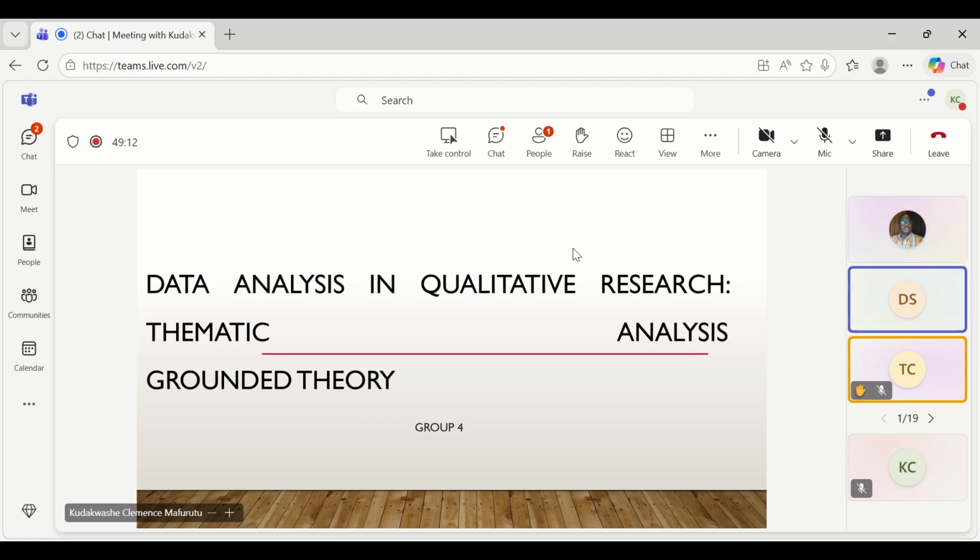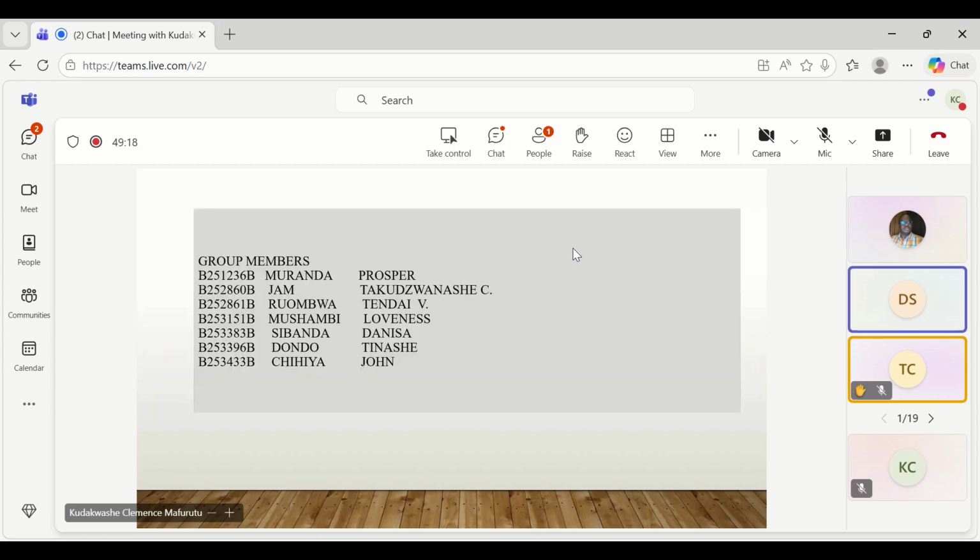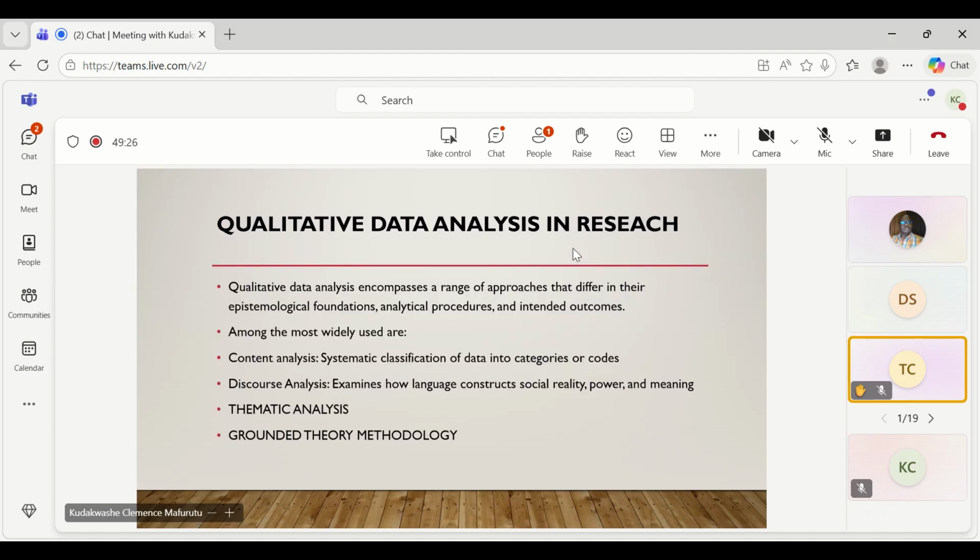Can you move to the next slide? We then try to identify qualitative data analysis in research. Qualitative data analysis encompasses a range of approaches that differ in their epistemological foundations, analytical procedures, and intended outcomes.